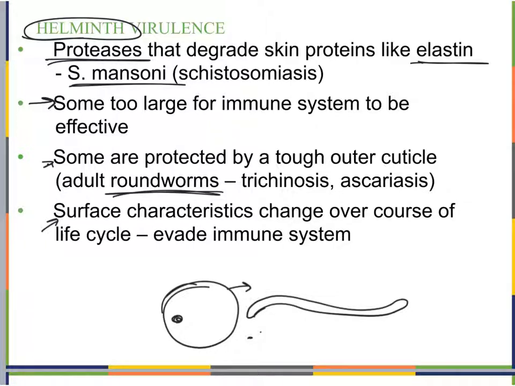So even if our immune system is able to recognize it at some point in the life cycle, when it's small enough that phagocytic cells can grab it, degrade it, and alert the immune system, as that organism goes through its life cycle, not only is it getting bigger and bigger, not only is it producing this tough outer cuticle, but it's changing its surface proteins in general. So our immune system doesn't recognize it anymore. And if it doesn't, then it's constantly initiating a first-time immune response.